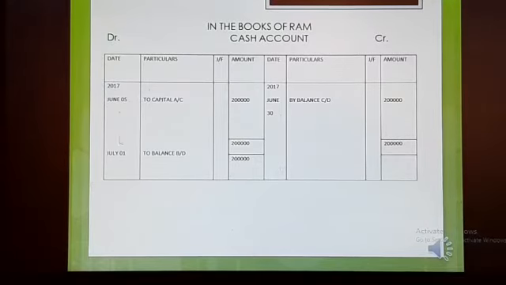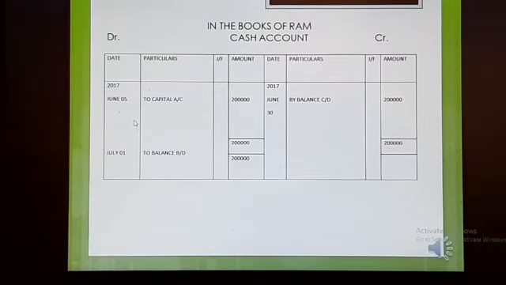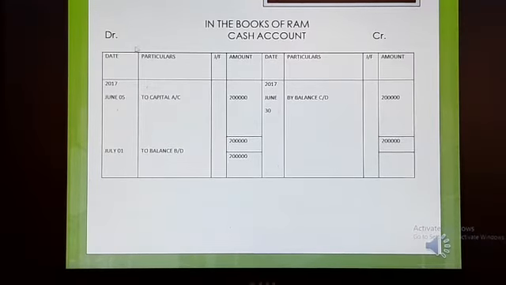Next, how will we show this journal in the ledger? In the books of Ram, because the owner of this firm is Ram, I prepare the cash account. On the left hand side, which means the debit side, we must write the year, then the date and the journal entry now being posted in the ledger.